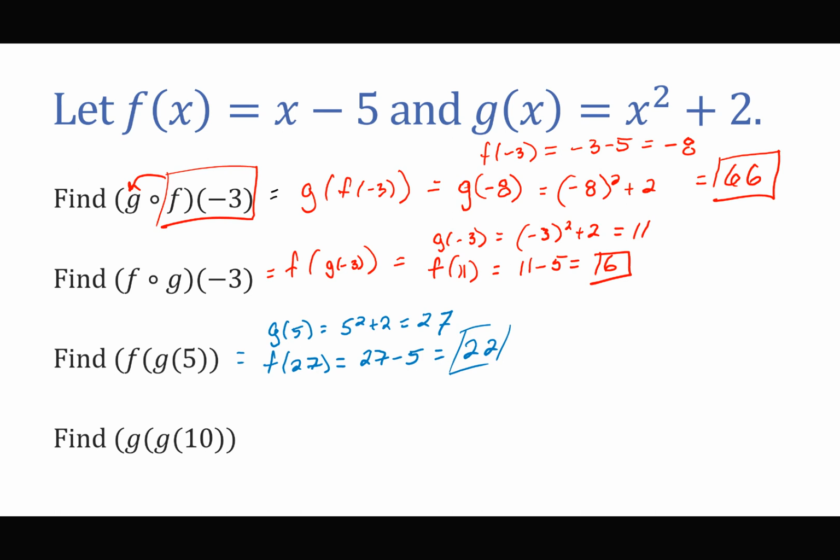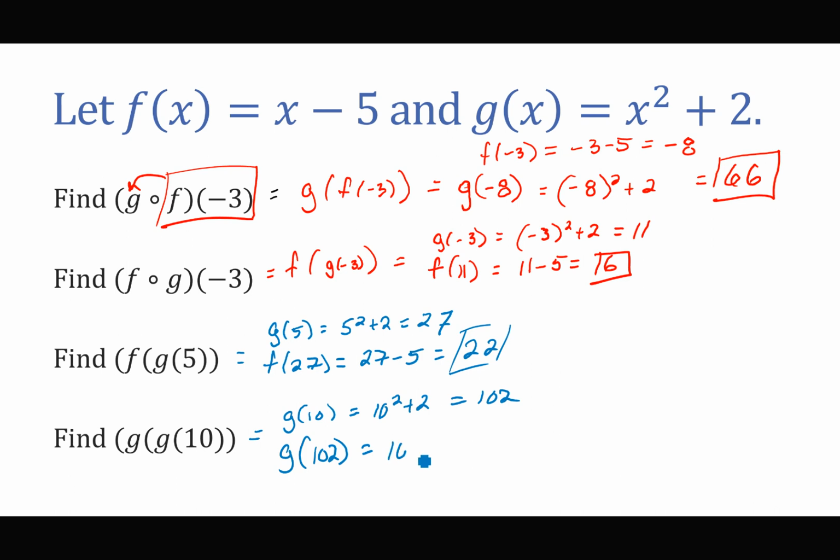And then the last one, it's not a typo, g of g of 10. So the first thing I want to figure out is that inside piece. Okay, what's g of 10? So that'd be 10 squared plus 2 to end up with 102. And then I'm going to take that new number and I'm going to do g of 102.